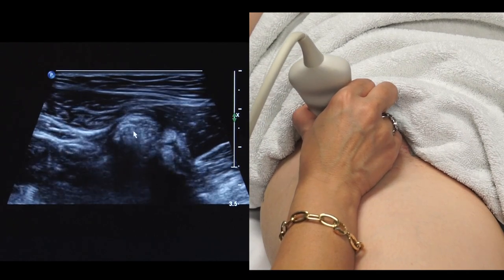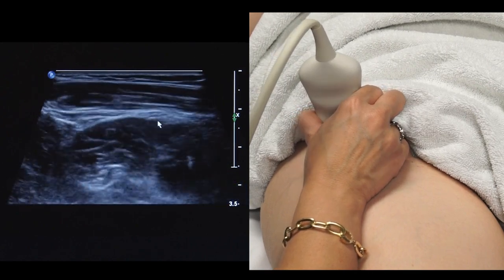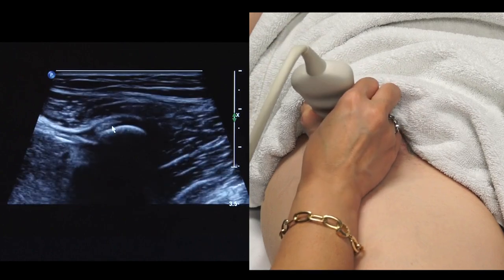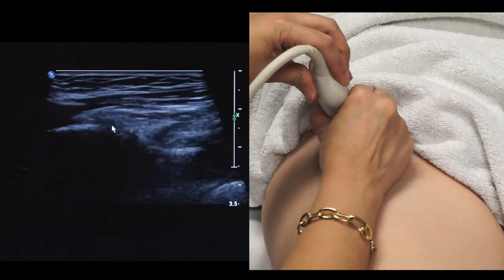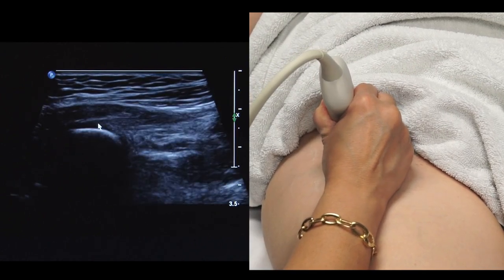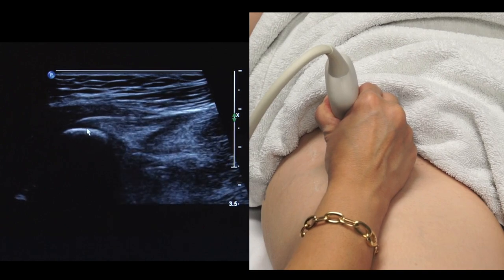Okay, so here's the tendon, and if you keep scanning distally, you can see it becoming muscle. And then you can also scan the tendon in long axis and show it as it originates from the spine.